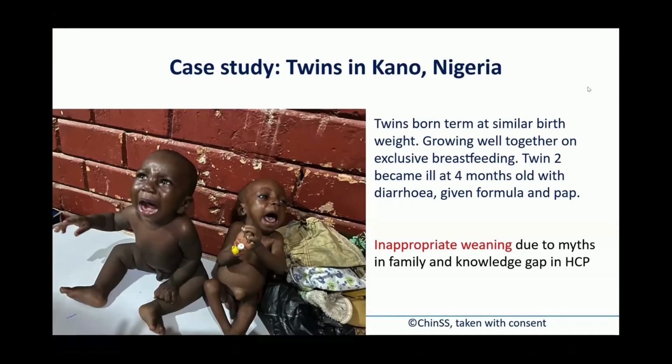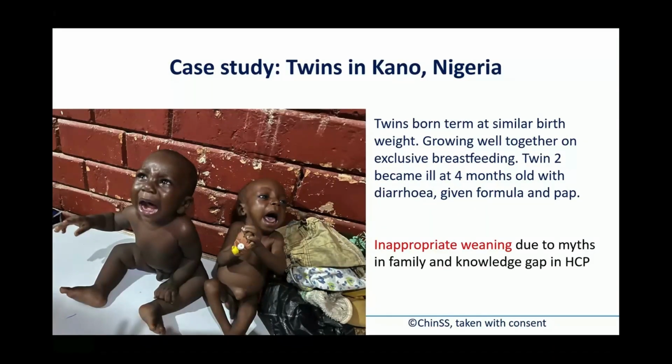With the advice from the family as well as the healthcare providers, they thought they needed to give some formula when the child was ill. After 1 month on this kind of regimen, the second twin in fact lost weight, became severely acutely malnourished, and ended up in our therapeutic center.